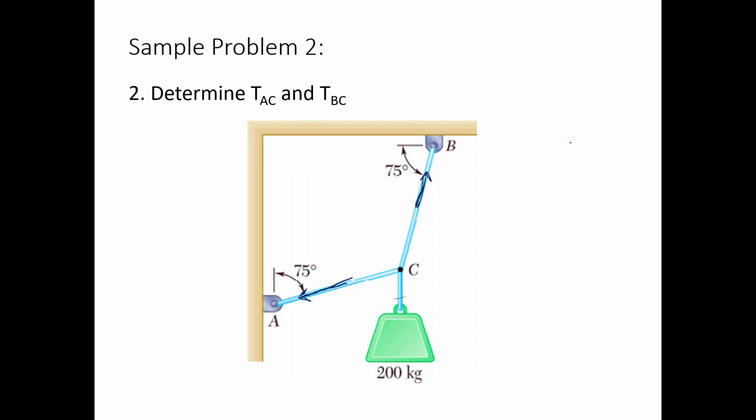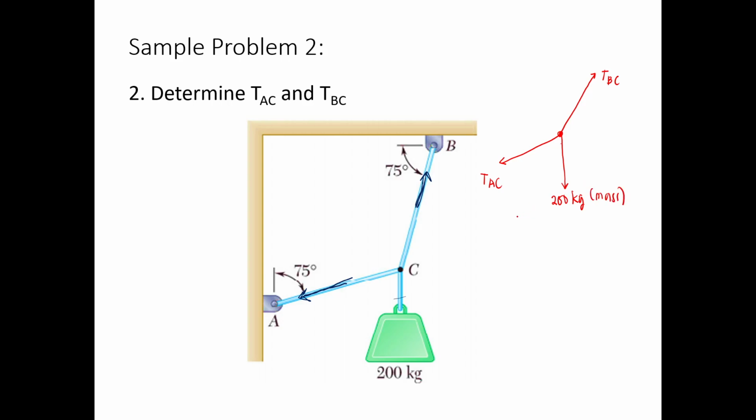So if we're going to create the force system, this is your tension BC. This is tension AC, and then this is your 200 kilogram force. So again, this one is still 200 kilograms, so this one is still mass.